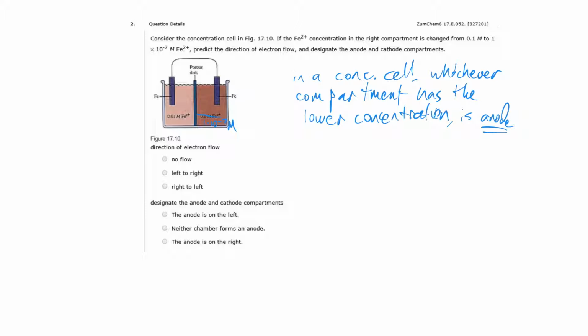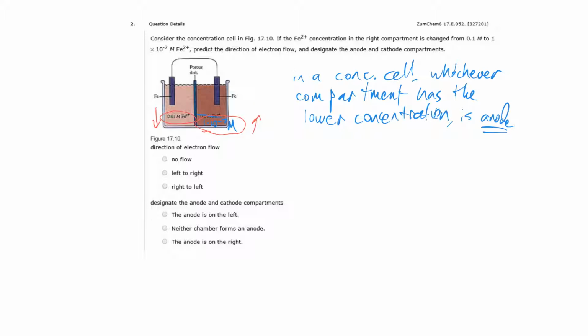So what that means is the driving force that's going to make electrons flow in this cell is the imbalance in concentration. It will continue to allow electrons to flow until the concentration on the right side is brought up. Simultaneously, the concentration on the left side is brought down, and the electrons will flow until those two concentrations are equal, at which point there would be no net flow.